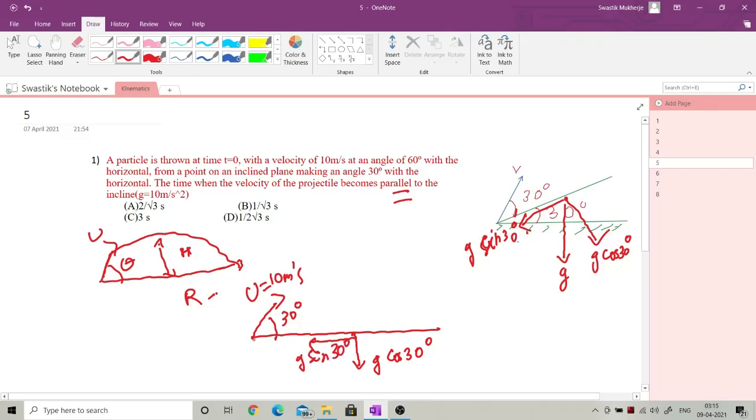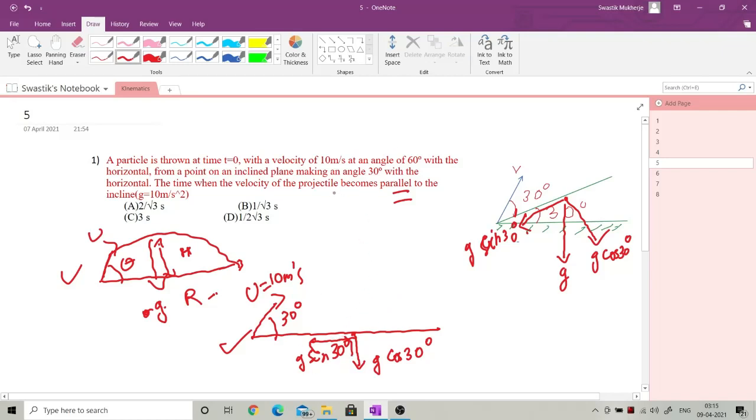Now this case and this case are exactly the same, just with a difference of values, because the vertical acceleration is g in this case, but g cos 30 degrees in this case. There is also a new acceleration in the horizontal direction, but basically the equations of motion will be the same with just a shift of values.